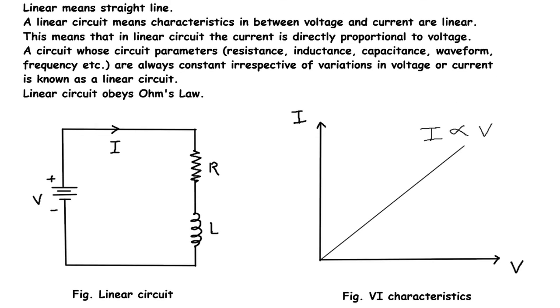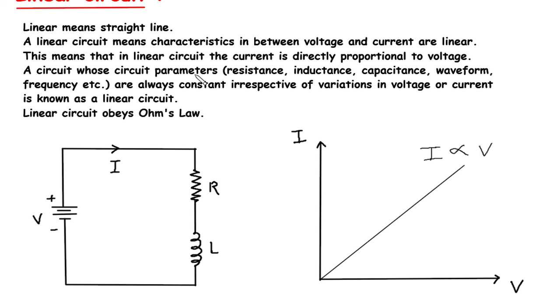A circuit whose circuit parameters like resistance, inductance, capacitance, waveform, frequency, etc. are always constant irrespective of variation in voltage or current is known as a linear circuit.